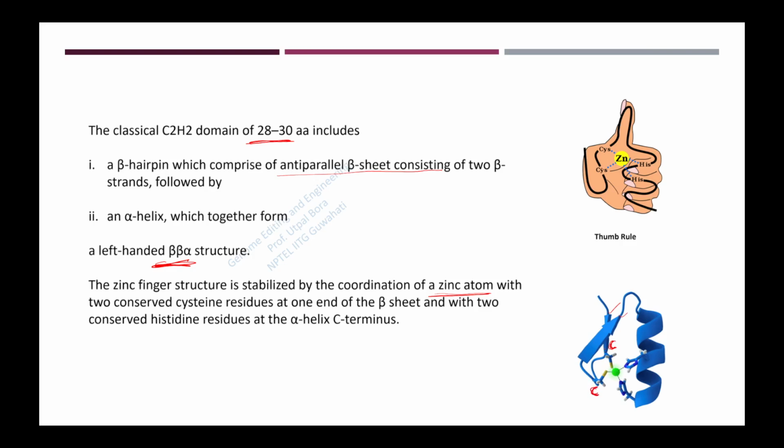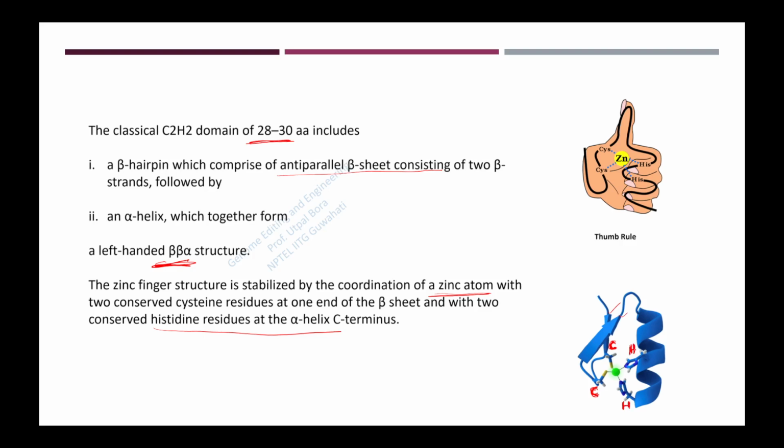You can see here, in this particular picture, 2 cysteines. These cysteines are present in the beta sheet, with 2 conserved histidine residues at the alpha helix C terminus. Here in the alpha helix, these are the histidine residues.